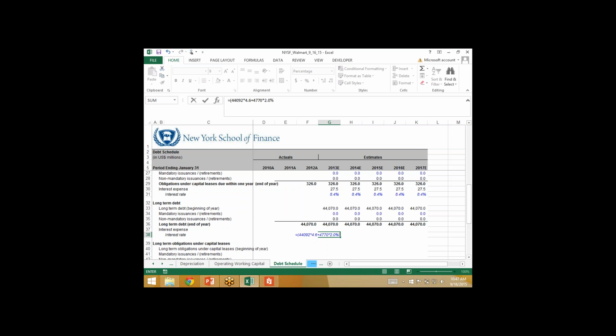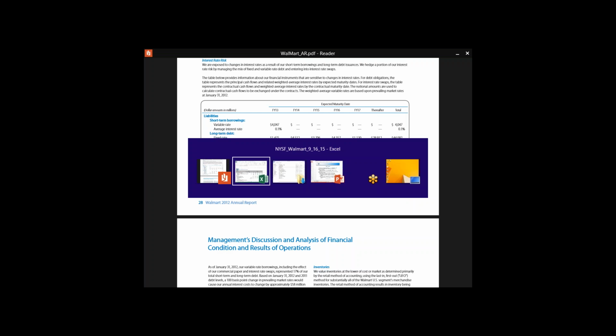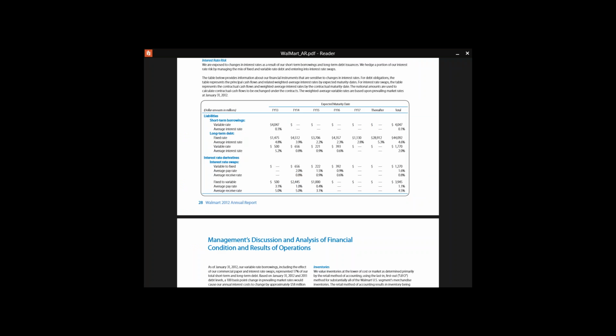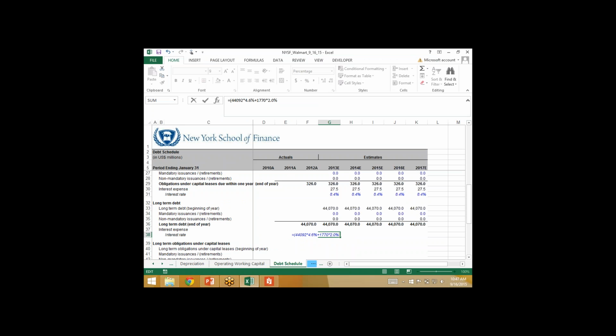Did I do that right? 44092 times 4.6% plus 1770 times 2.0%, divided by that overall balance, in parentheses, 44092 plus 1770.